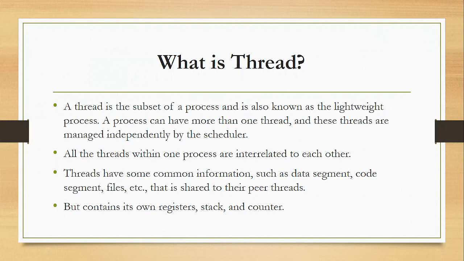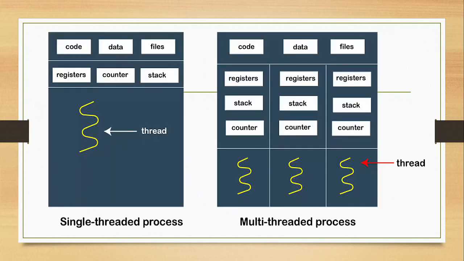That's why all the threads within a process are interrelated. They talk to each other. You can terminate a process, but still you need to terminate the individual threads within that particular process. However, within this particular process, as you had mentioned, they contain their own registers, stack, and counter.